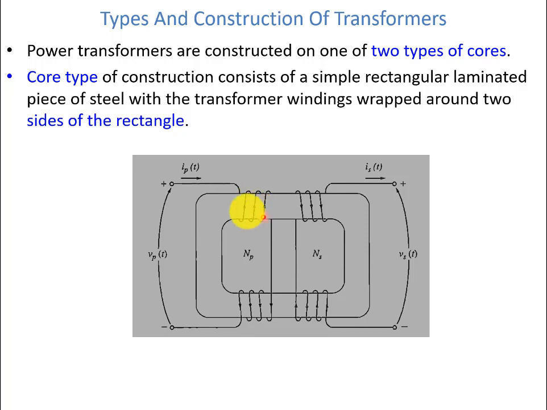So here we can see that we have this primary winding that could be on a single leg of this core, and we have the secondary which is wound separately on the same leg, or it can be on a different leg. So this type of core is known as the core type.